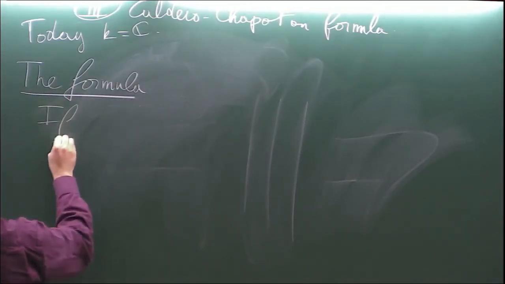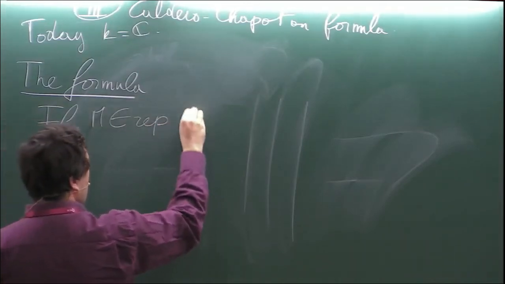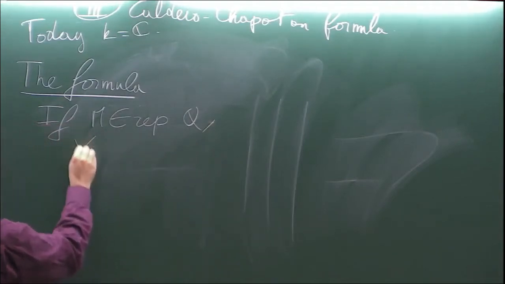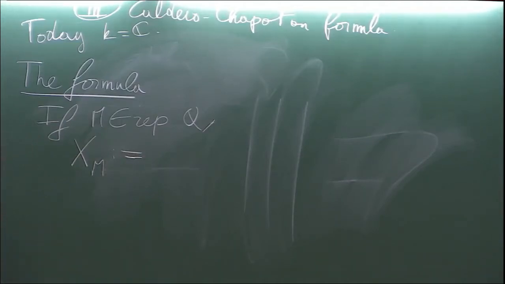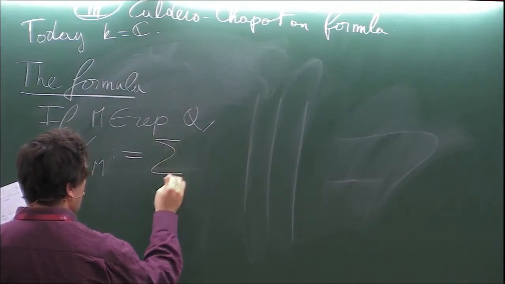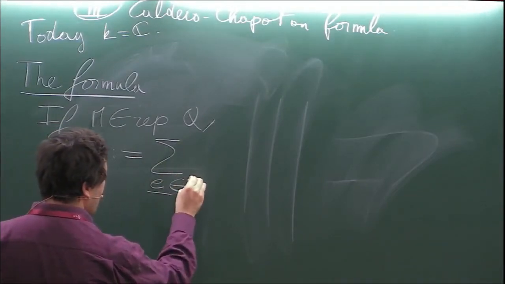If M is a representation of our quiver, we do the following thing. I define x_M to be the following thing, and I will copy because I don't want to make any mistake at this point. I do the sum over all possible dimension vectors.